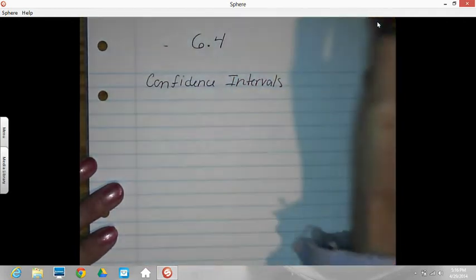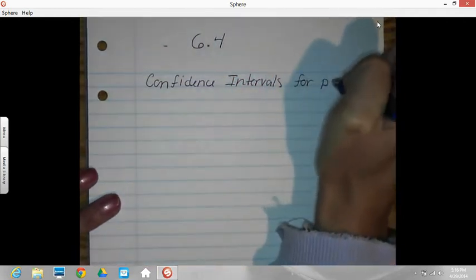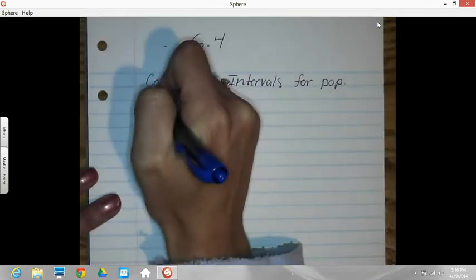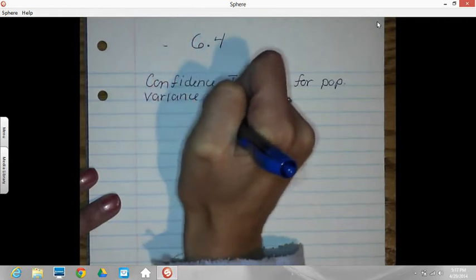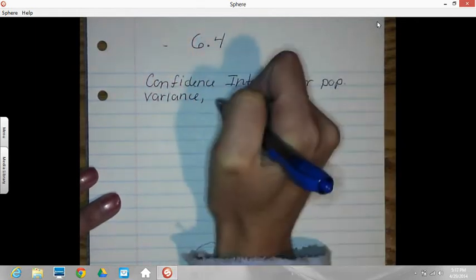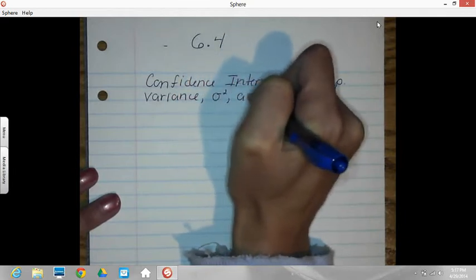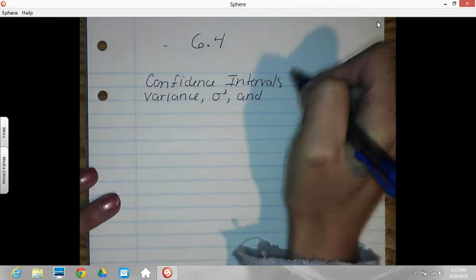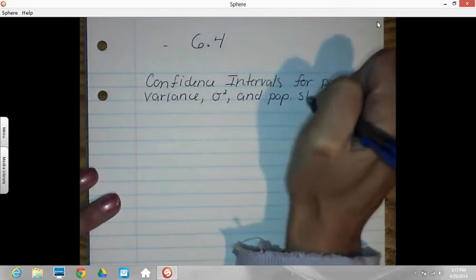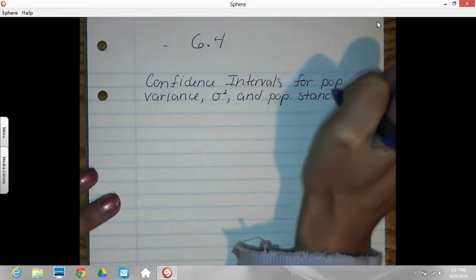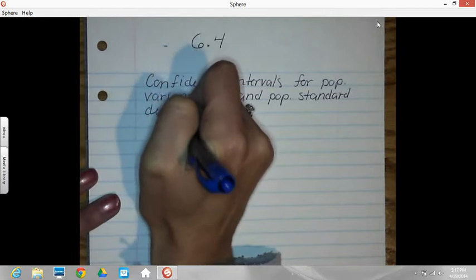This time we're doing confidence intervals for population variance, if you remember, it has the symbol sigma squared, and a confidence interval for population standard deviation, which is just sigma.